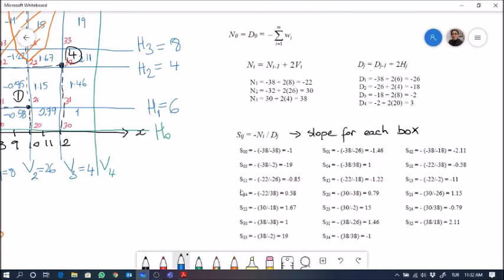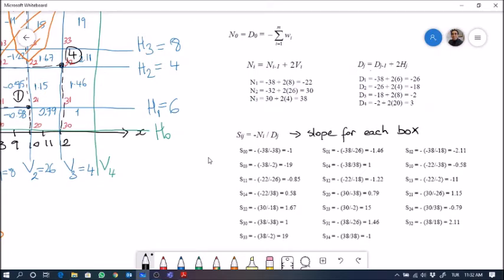So we need to calculate the values for N1, N2, N3, and D1, D2, D3, and D4. N0, as you know, was the summation of the negative weights. So what was the summation of the weights? Remember, 38.